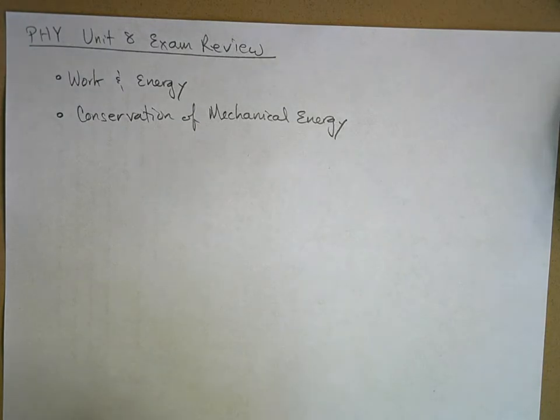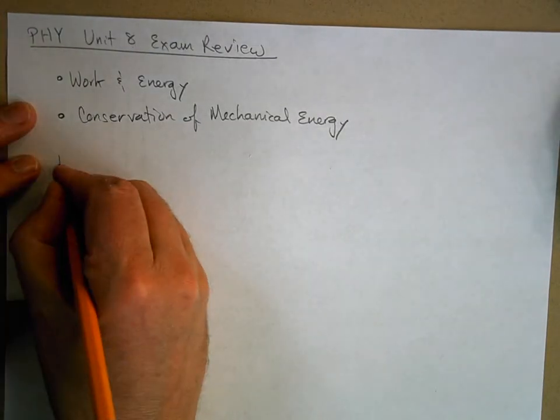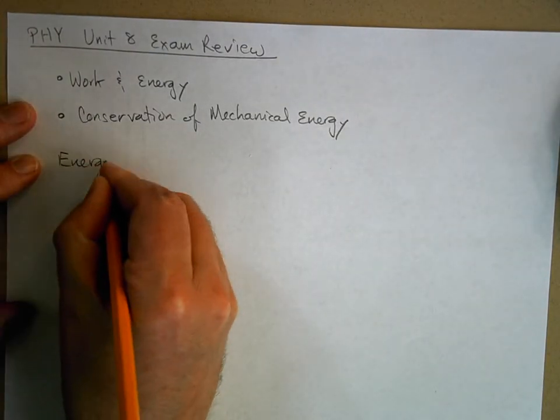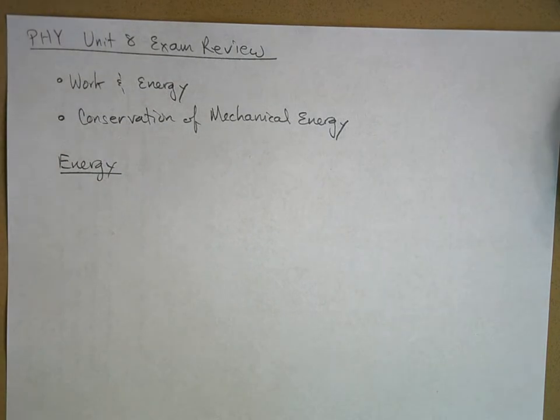So, we have energy, the basic definition of energy. Now, I'm not going to write out all these definitions because you can write them out, and I don't have time. But energy is the capacity to make a change in the environment.